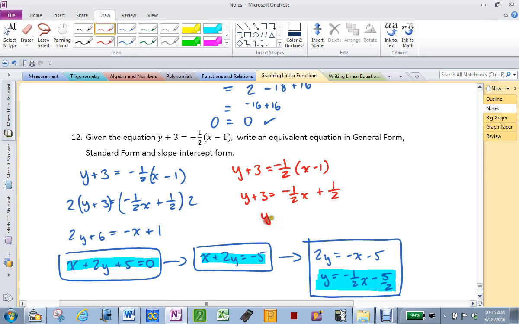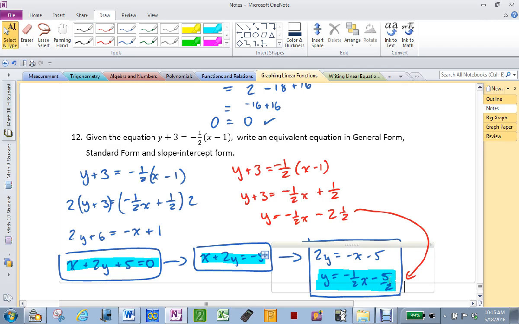So it becomes y equals negative 1/2 x minus 5/2, since 1/2 minus 3 is negative 2.5, which happens to be the same as negative 5/2. There's no right or wrong way to go about doing this. You can do whatever you are comfortable with.